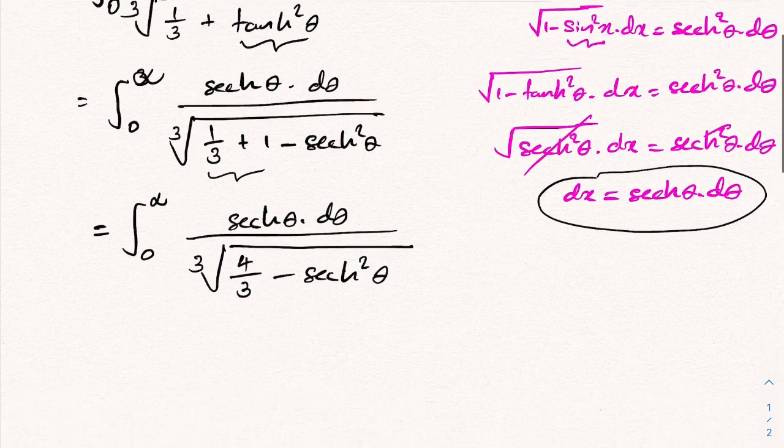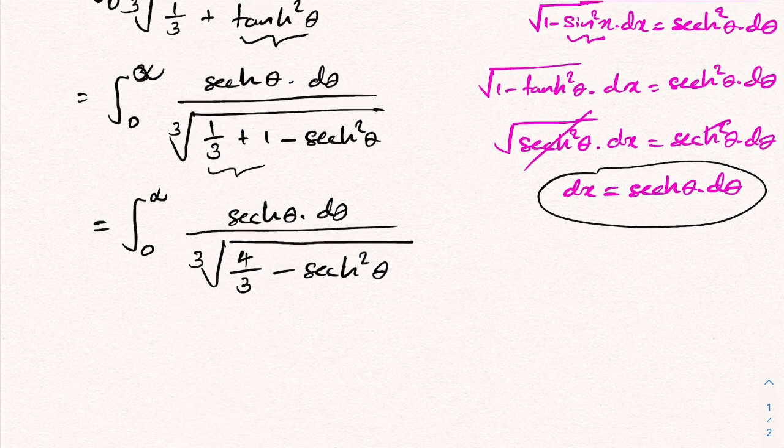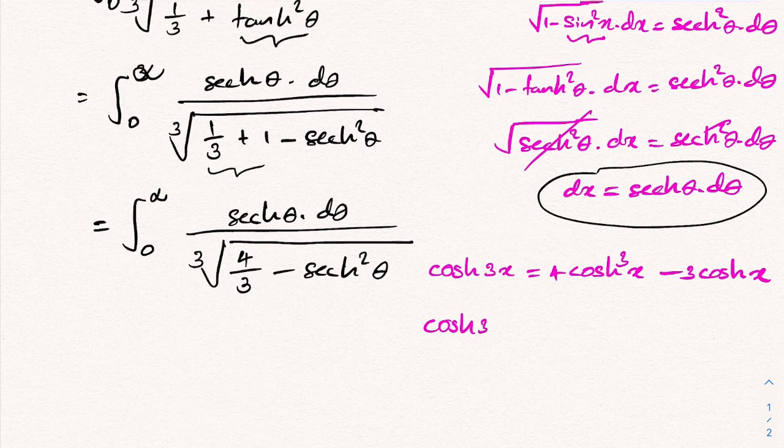Well, we know the triple angle formula of hyperbolic cosine: hyperbolic cosine of 3x is equal to 4 times cosh cubed of x minus 3 times hyperbolic cosine of x. Then I'm going to divide each part by 3 times hyperbolic cosine cubed of x.